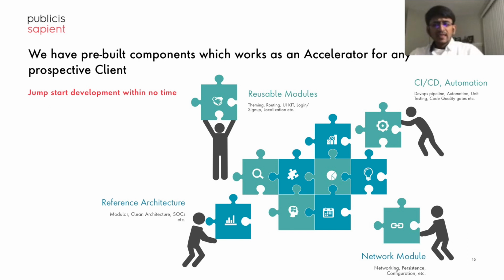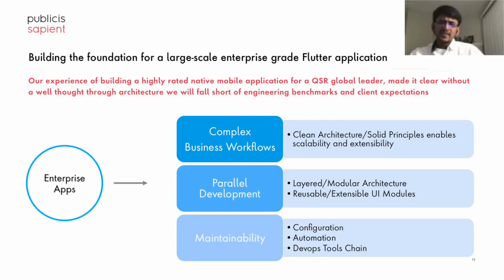Thereby, we have pre-built components which work as accelerators to kickstart development with no time by leveraging development and engineering accelerators. The reference architecture, the network modules, and a set of common features made as reusable components are part of the development accelerators, and DevOps and automations are built as part of the engineering accelerator to speed up the development. Let's see our thought process and approach behind this.